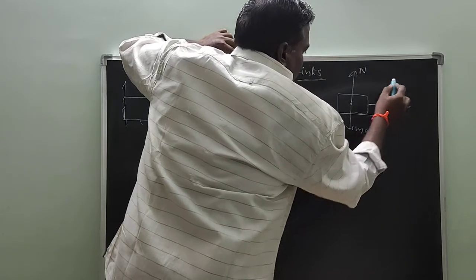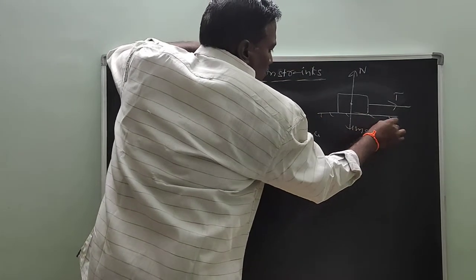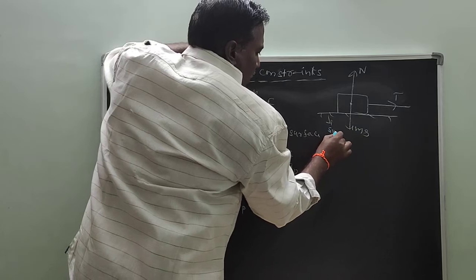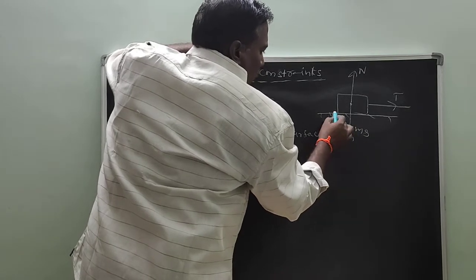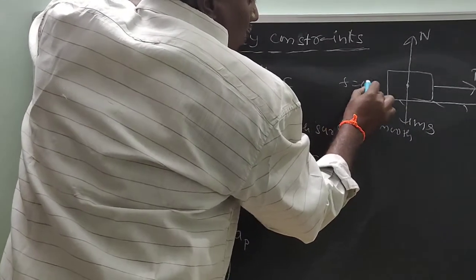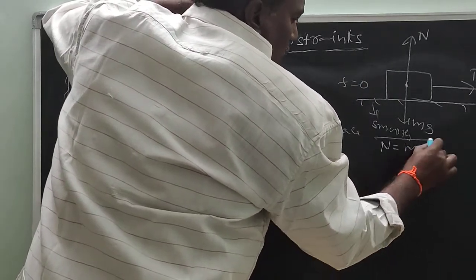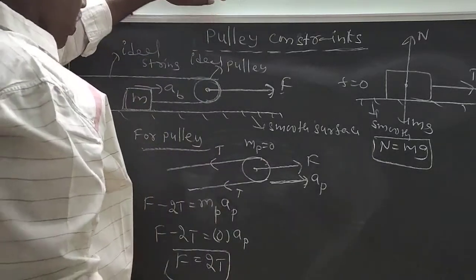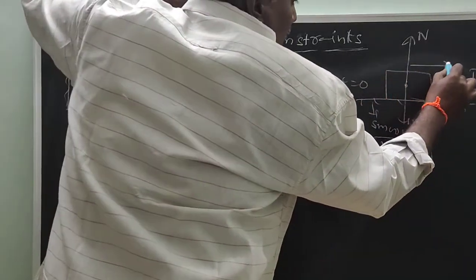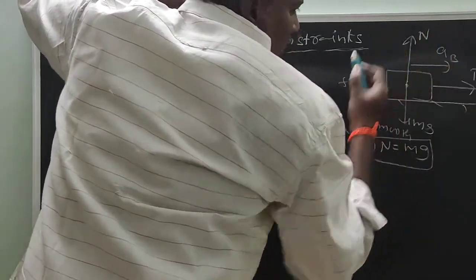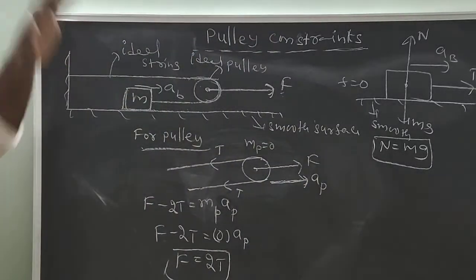Tension T is acting. Here this surface is smooth, so friction f is equal to 0. In vertical direction there is no motion, so N is equal to mg. Acceleration of the block is AB. This is the acceleration of the block AB.